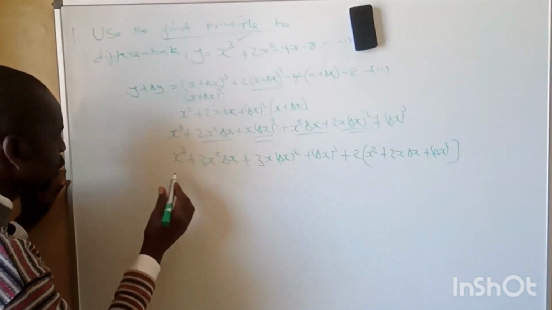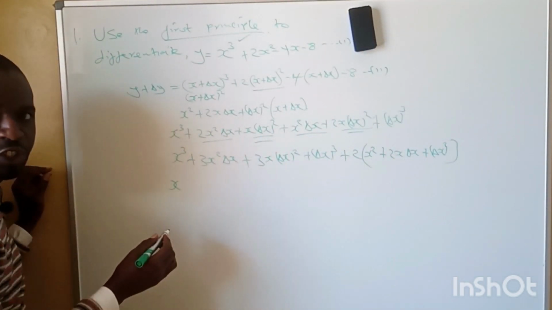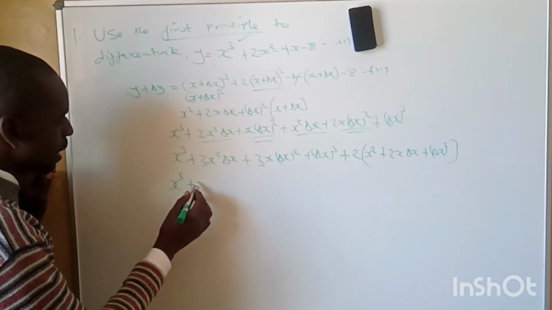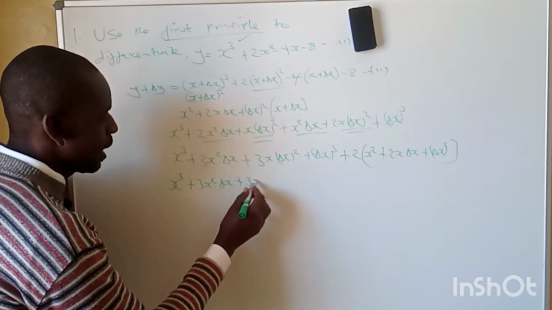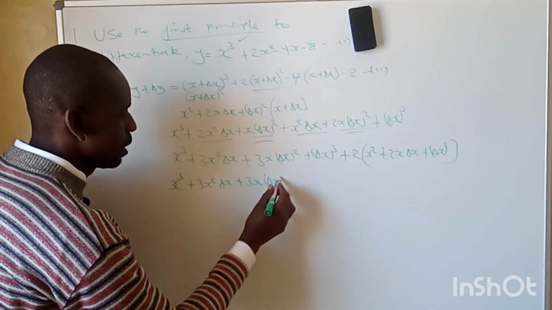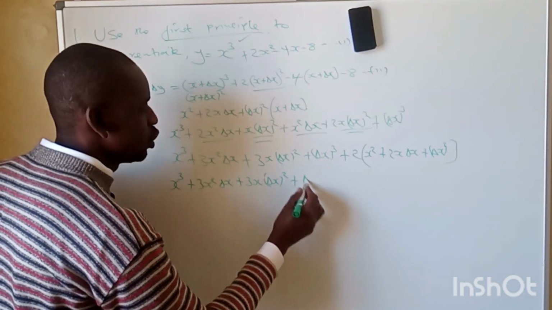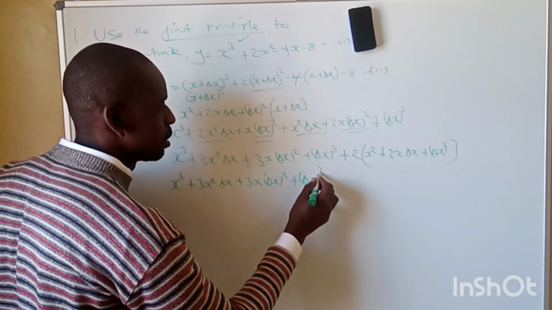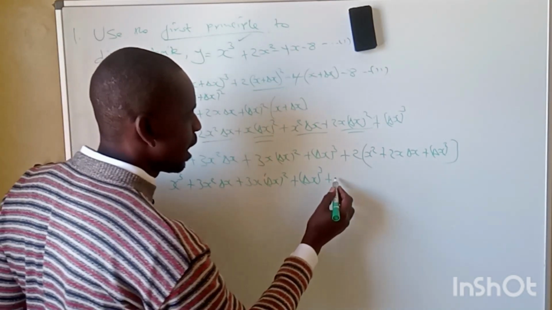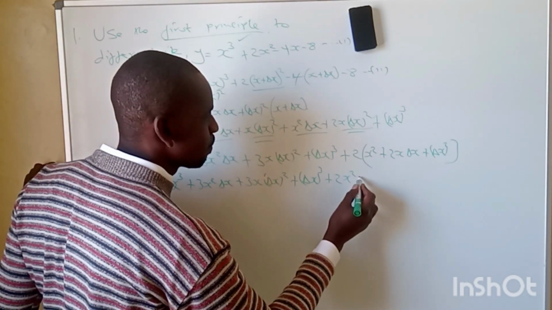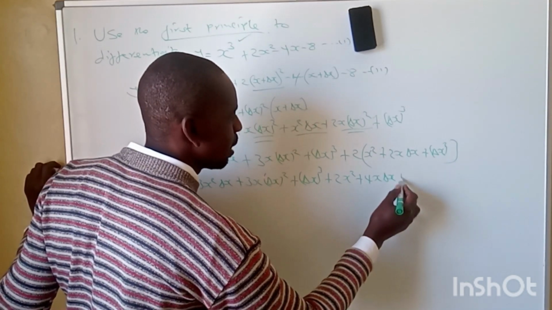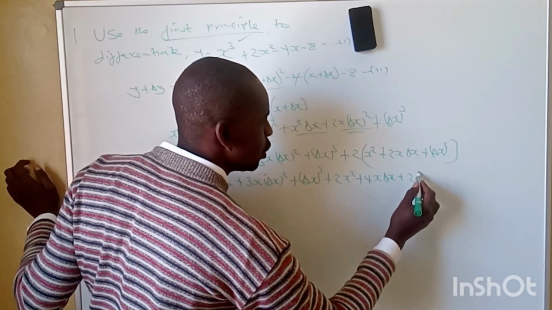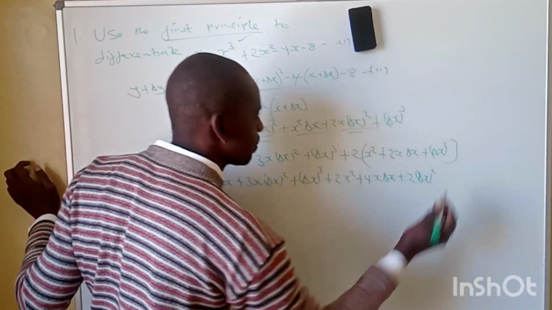So we are going to get, let's just repeat, x cubed plus 3x squared change in x plus 3x change in x squared plus change in x cubed plus, open up the bracket there, we have 2x squared plus 4x change in x plus 2 change in x squared.